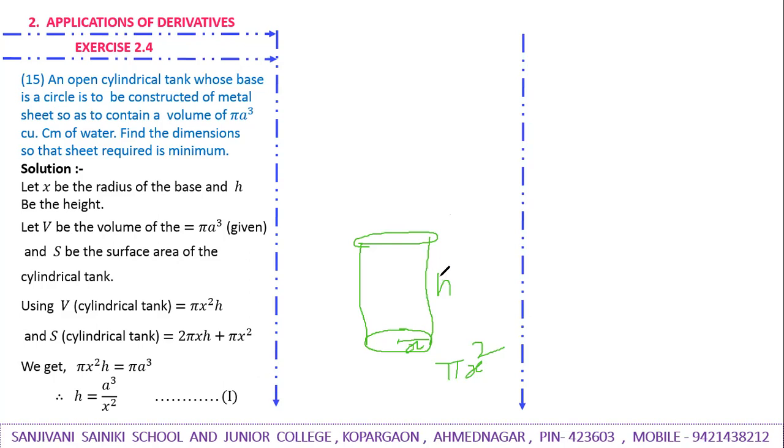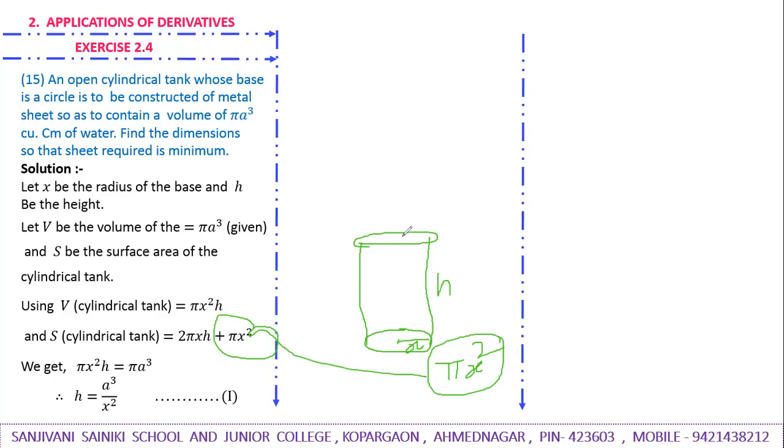Now the surface area contains this curved surface area and the base surface area. Base surface area means area of the circle. It is pi x square. And this curved surface area is 2 pi x h. How?